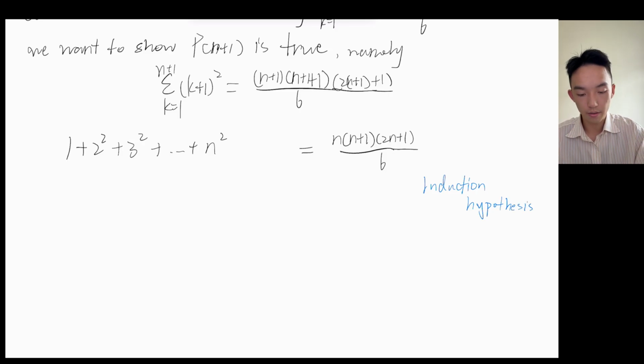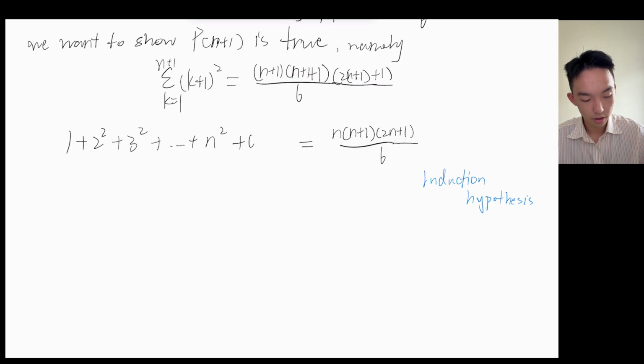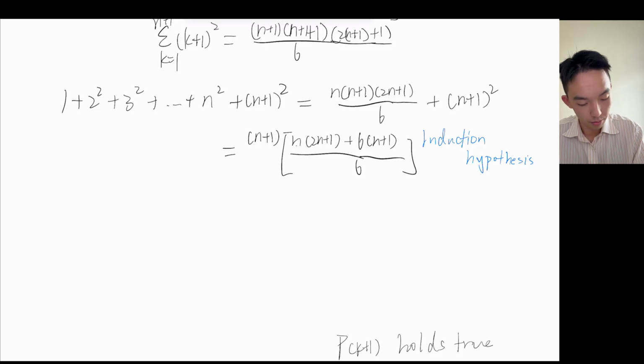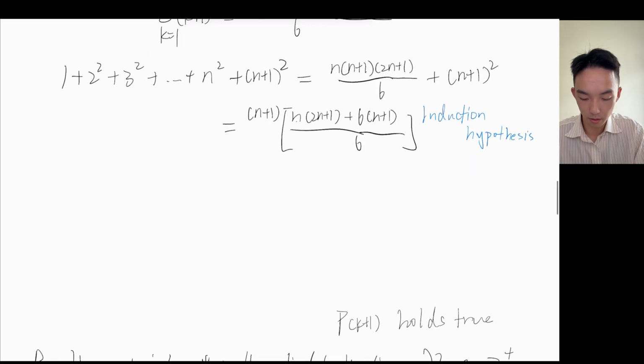Then we add n plus 1 squared to both sides, and we can factorize the right hand side. First we take out n plus 1 because they both have this term. And then it's going to be n times 2n plus 1 plus 6 times n plus 1. We want to factorize this, so we write it on the left: 2n squared plus n plus 6n plus 6.